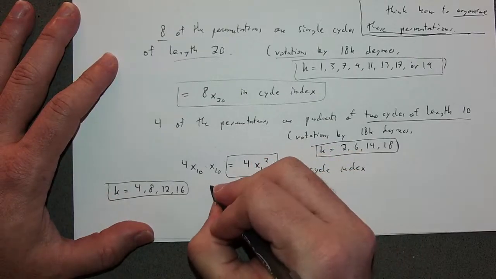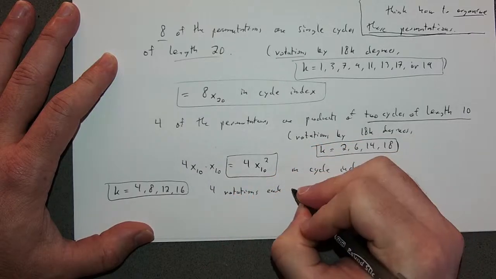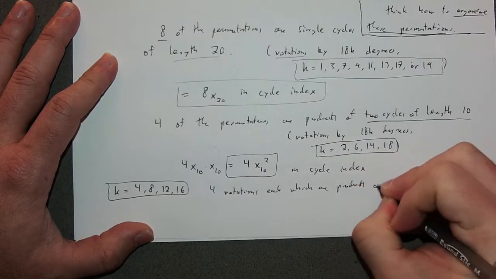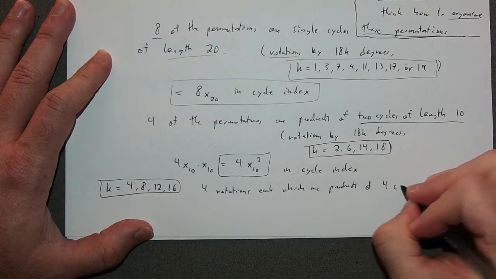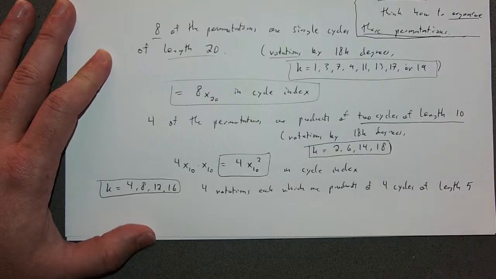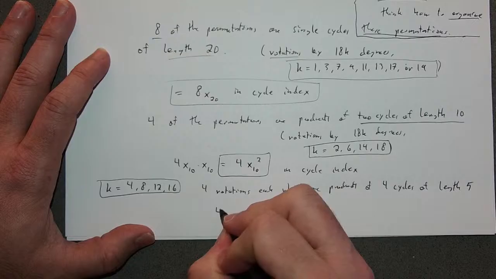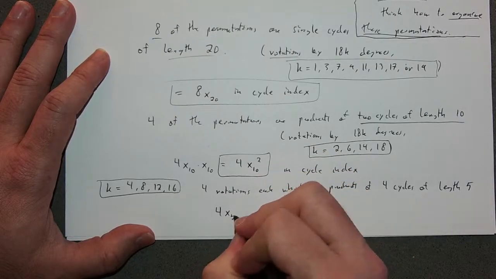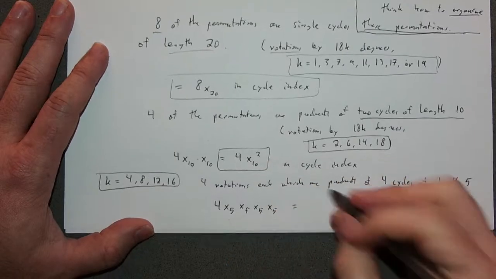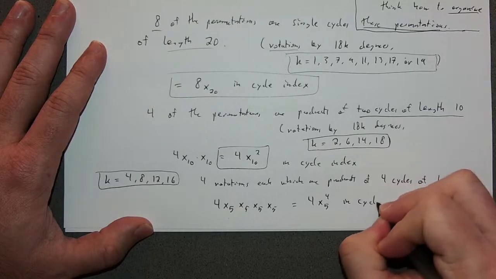These are 4 rotations, each of which are products of 4 cycles of length 5. So this contributes 4 times x sub 5 times x sub 5 times x sub 5 times x sub 5 to the cycle index, which is 4 times x sub 5 to the 4th in the cycle index.